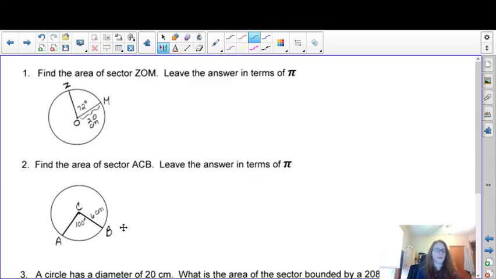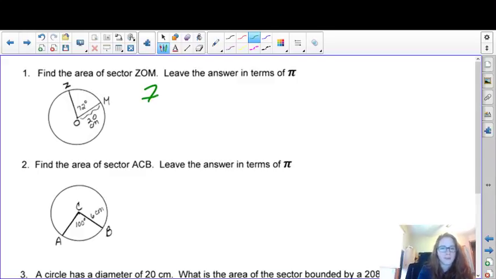All right, number 1, find the area of sector ZOM. Leave your answers in terms of pi. We're actually not going to leave it in terms of pi. We're going to go ahead and hit that pi button again. So if you notice, ZOM has an arc measure or central angle measure of 72, which means that its arc measure is also 72.